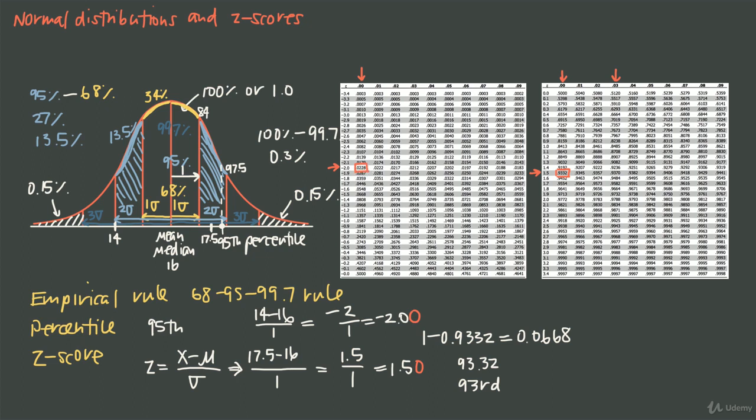And what we need to keep in mind here is that z-tables always give you the area to the left of this particular value. So 0.0228, well, if this is our value here, 14, that 0.0228 is this area right here to the left of this 14.